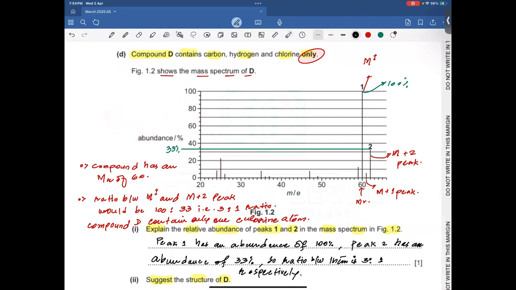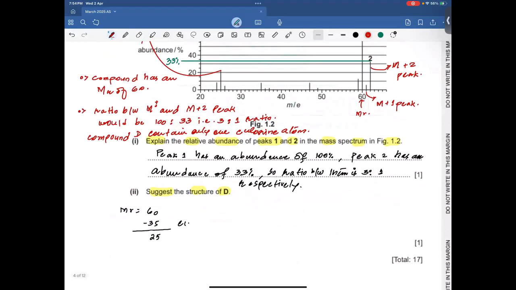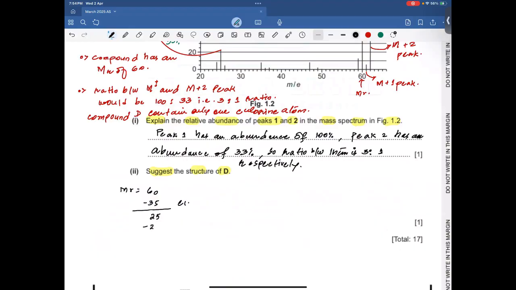Because one carbon has a mass of 12, so two carbons have a mass of 24. Subtract 24 from 25. How much is left? One, and that represents a hydrogen atom. So we have two carbon, one hydrogen, and one chlorine atom.